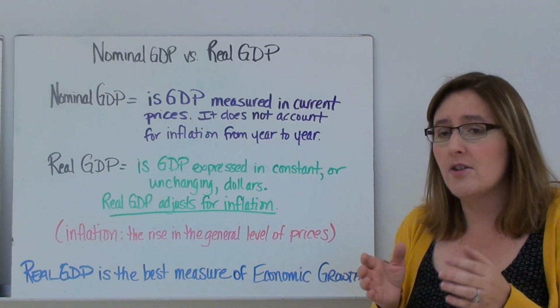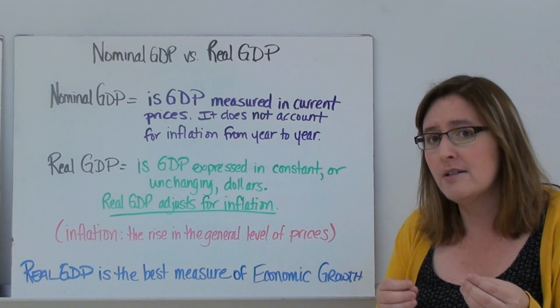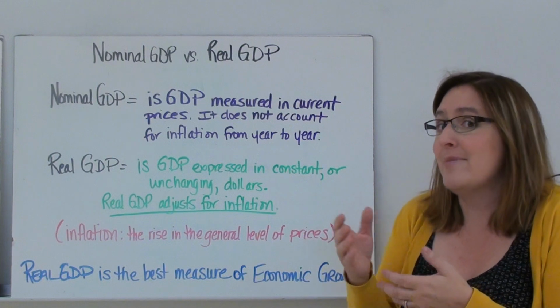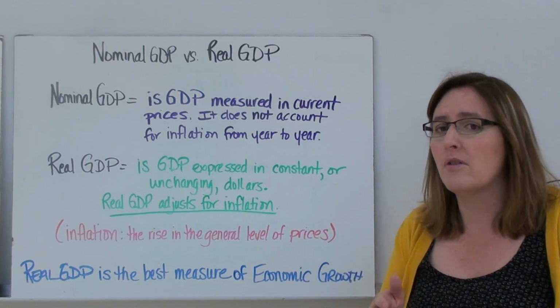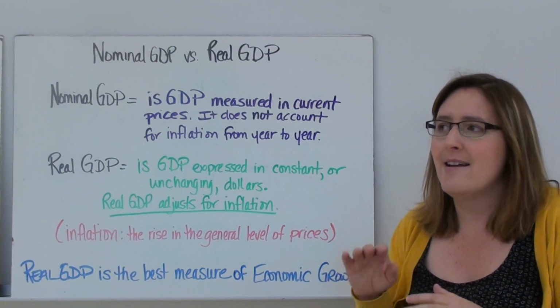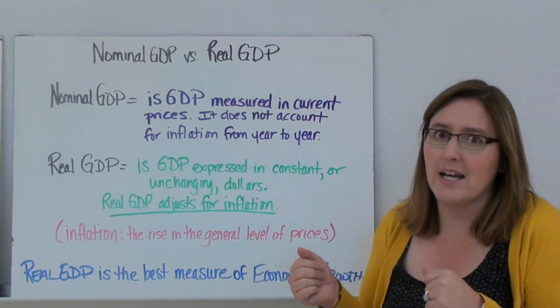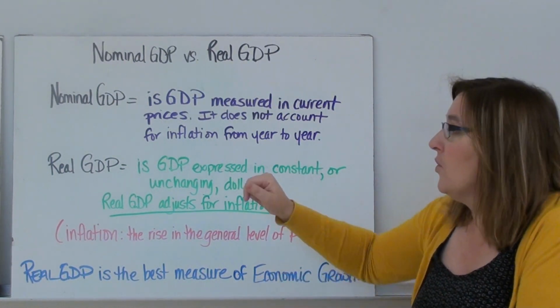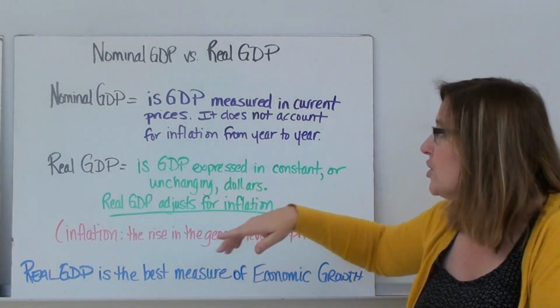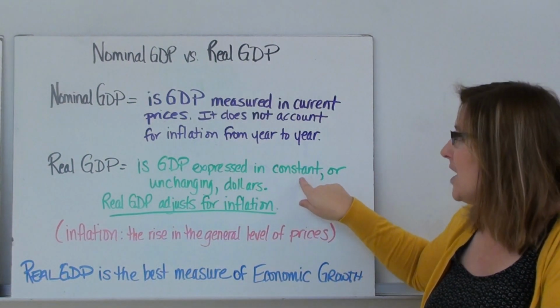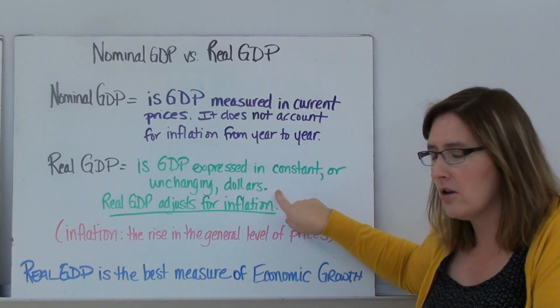If we're using the dollar value of that year's goods, the prices might be higher than the year before, and it might inflate the GDP, making it look higher than it really is.